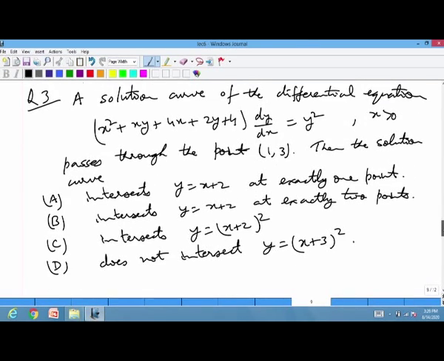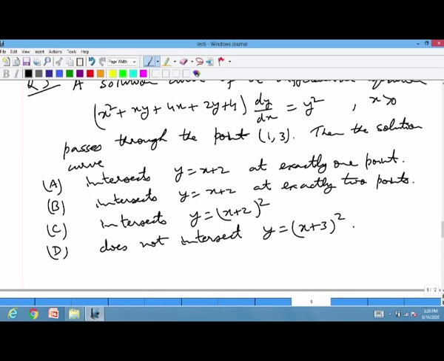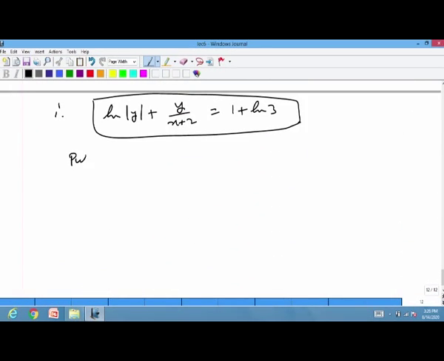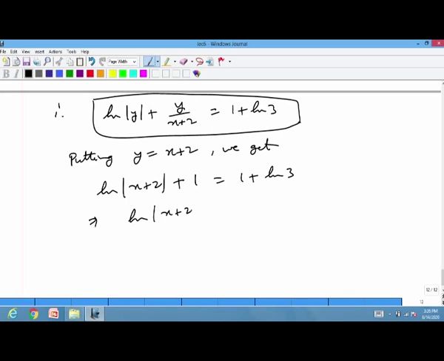Now, let us look at the options. The first option is asking whether y = x+2 intersects this curve, and if so, at how many points. So, putting y = x+2, we get log|x+2| plus 1 equal to 1 plus log 3, which implies log|x+2| equal to log 3.